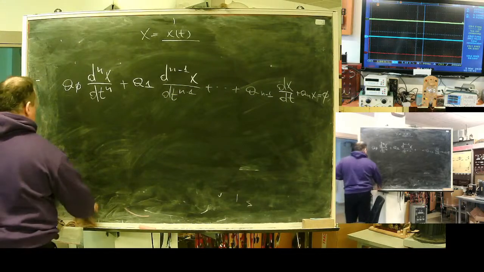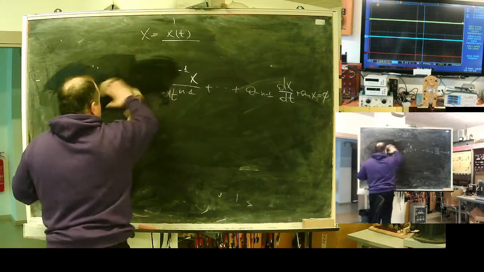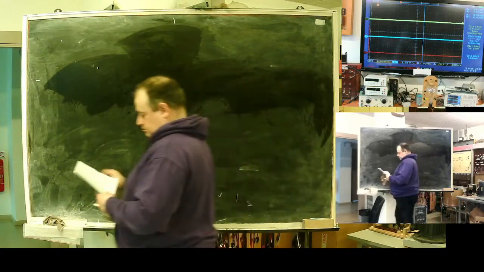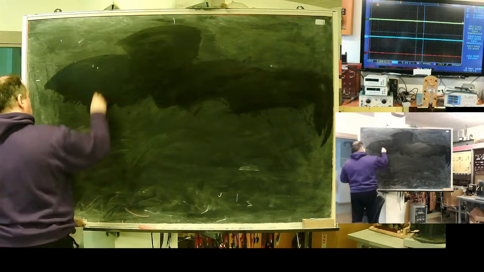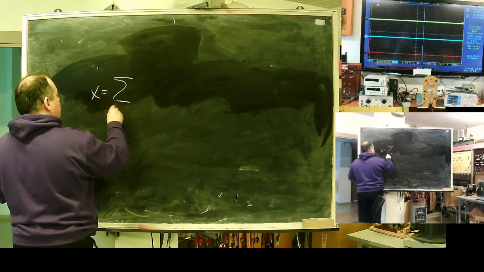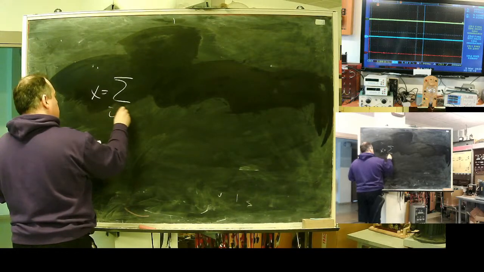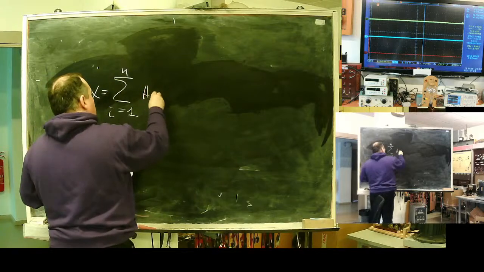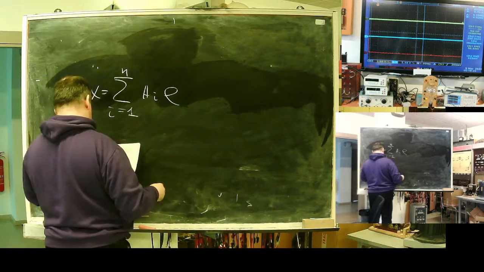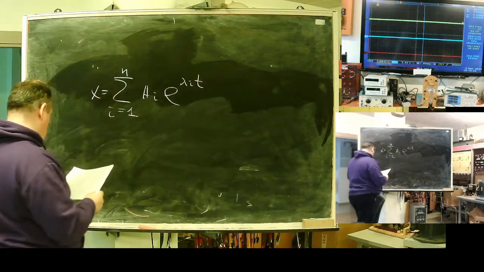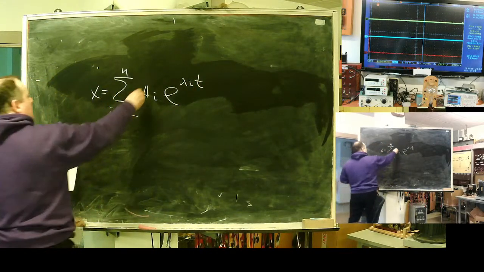The solution of such a system is known. It is a sum, with i changing from 1 to n, of a_i e^(lambda_i t), where a are constants.